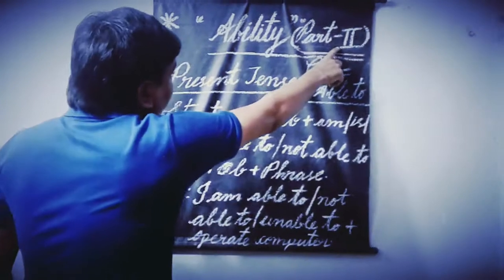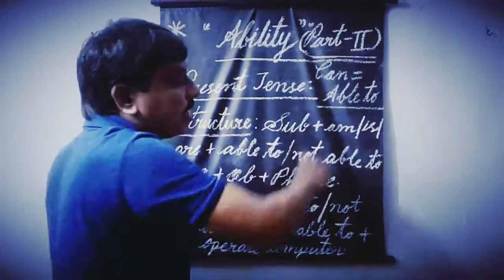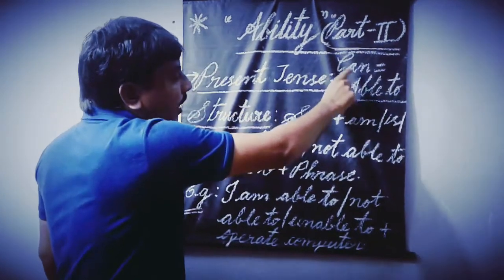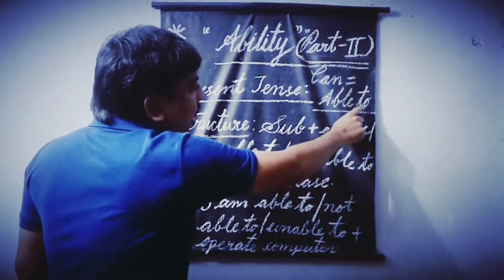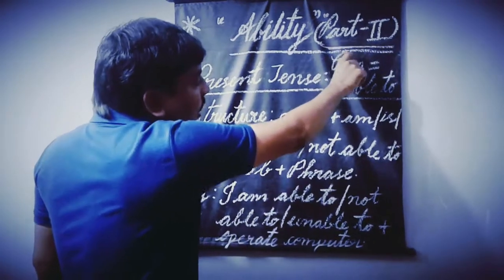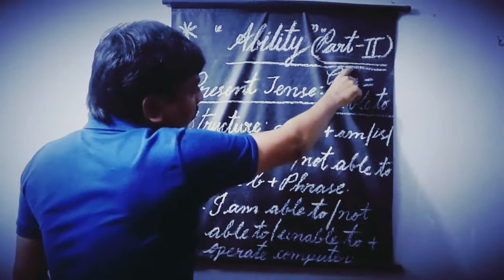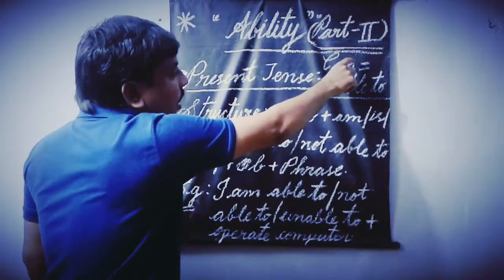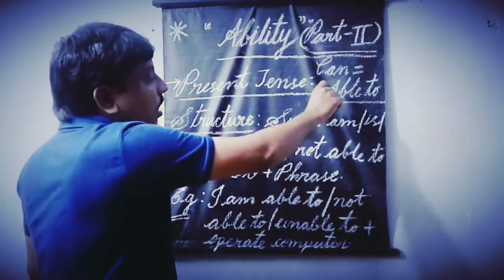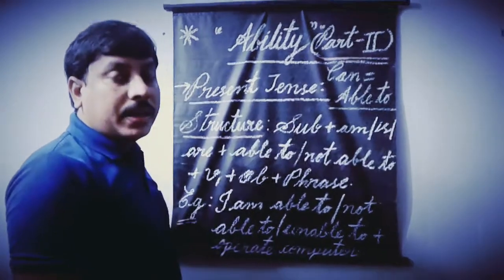Ability part 2. Generally we use the modal auxiliary verb can in order to talk about abilities. Here can is equal to able to. Here the modal auxiliary verb can indicates general ability and able to indicates present ability.